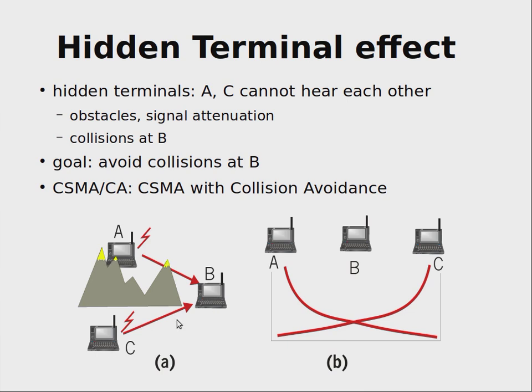But the problem is that in a Wi-Fi network it may happen that if computer C is sending something to computer B, this computer may not hear that computer A is also sending something to computer B. For example, this is your home router, and here are two computers connected to this router, and computer C does not hear the signal from A to B because of some obstacle, because it's too weak, it doesn't go directly from here to here.